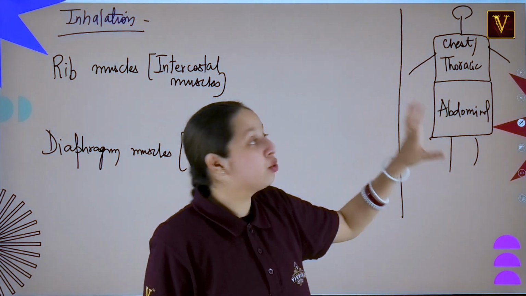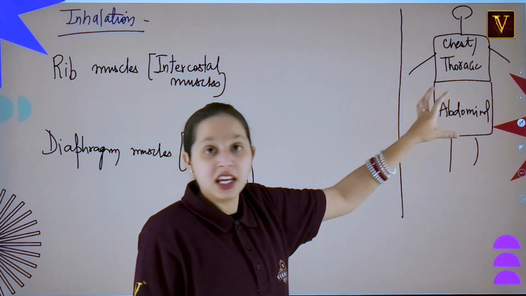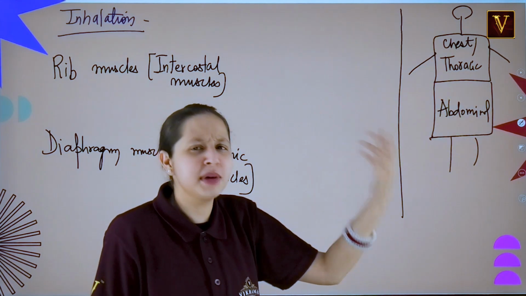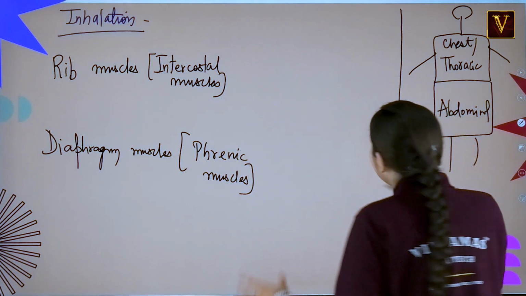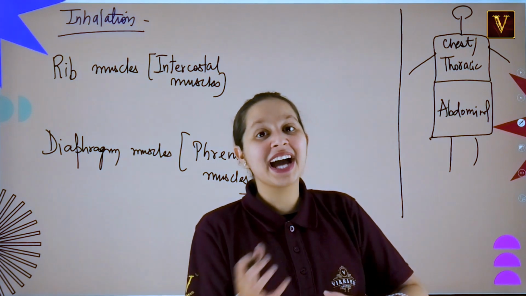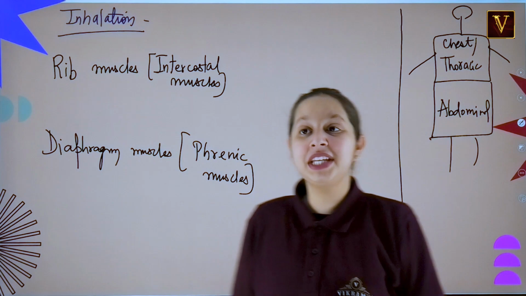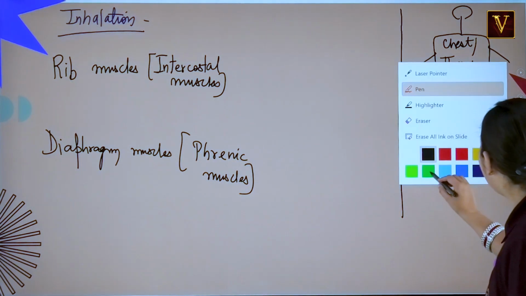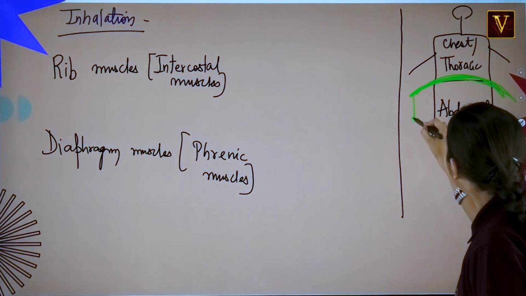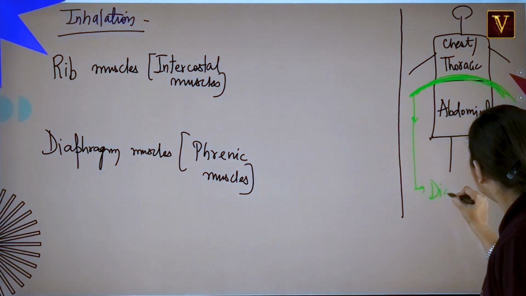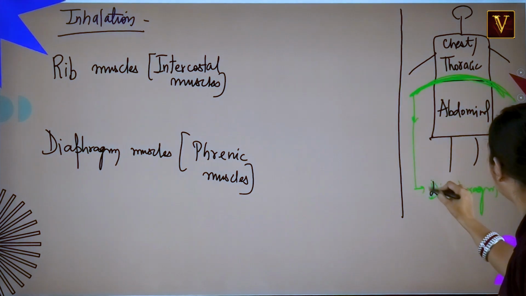The chest cavity has the respiratory system, your lungs, and the abdominal cavity has the digestive system and many other systems. The muscular structure separating the chest cavity from the abdominal cavity is the diaphragm.